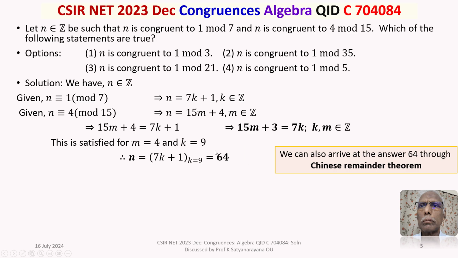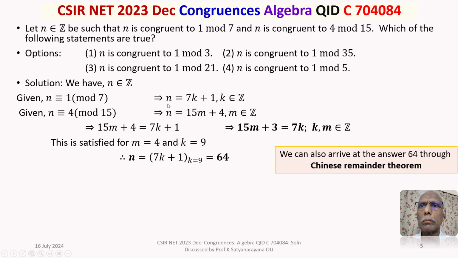So n is equal to 64. 64 is congruent to 1 mod 3, that is, 3 divides 64 minus 1. Yes, 3 divides 63. In every option you have n congruent to 1 mod some positive integer, so you have to talk about n minus 1.